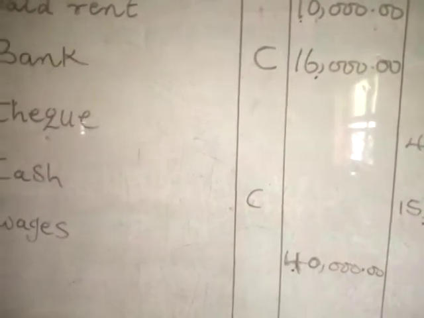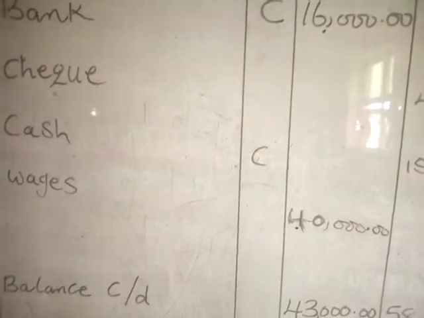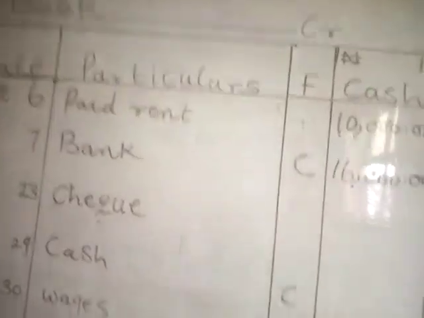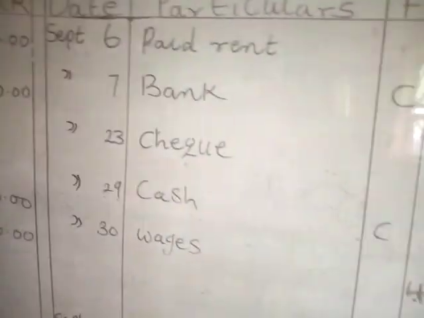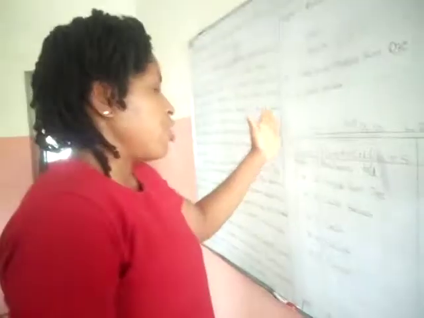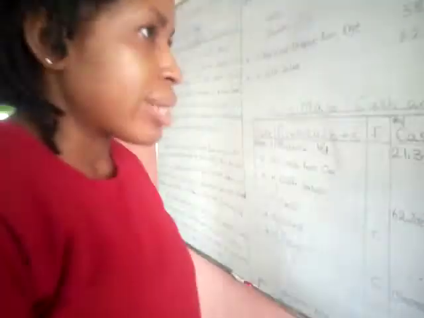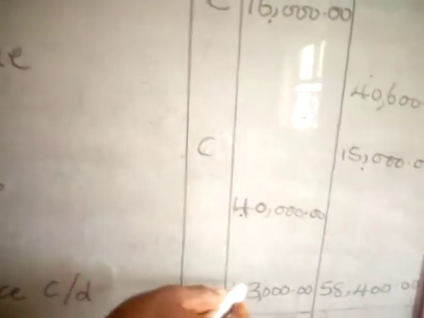I have to subtract this 66,000 and 55,600 from the debit side, because the debit side is bigger than the credit side, because it's out of the debit side that you made your expenses. And we start subtracting. 109,000 minus 66,000 will give us 43,000 naira.